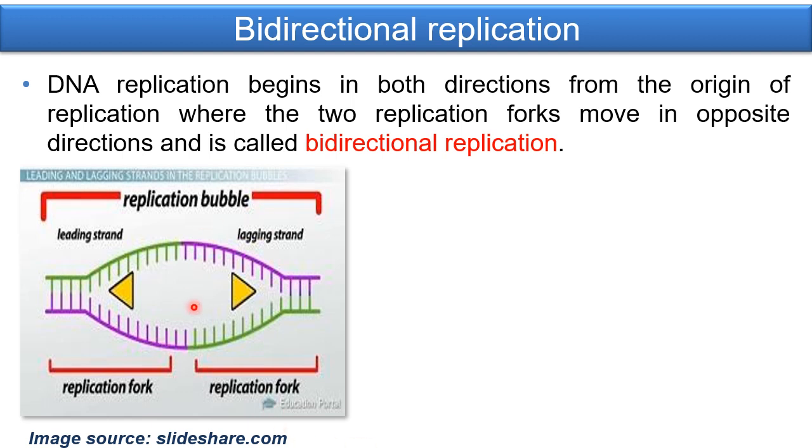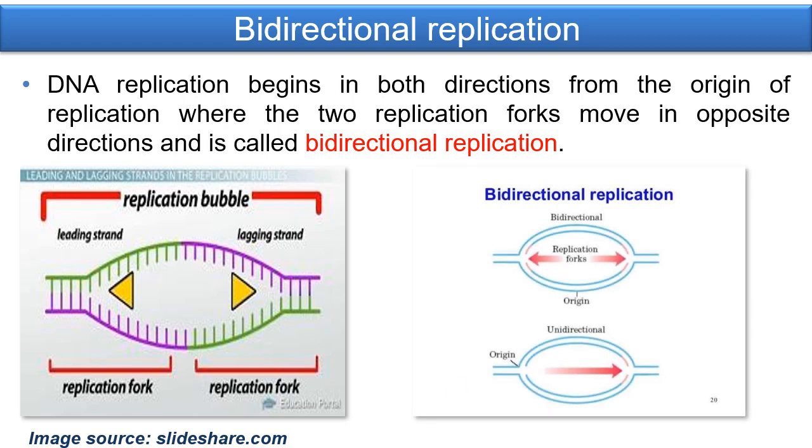Here in this figure, this is the origin where the DNA molecule unwinds or unzips, and the replication will go in both directions. These arrow marks are showing the directions from the origin where the replication will take place. In another figure, I am giving the difference of the direction with the prokaryotic cell.